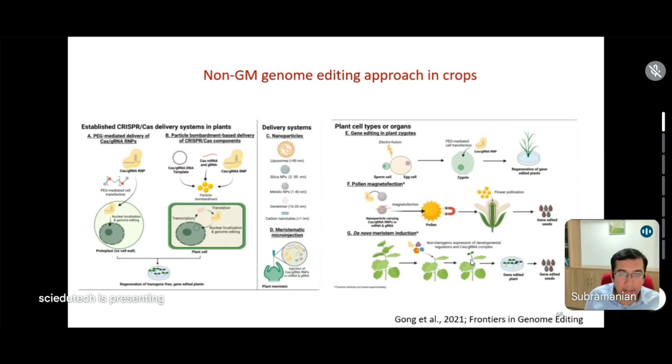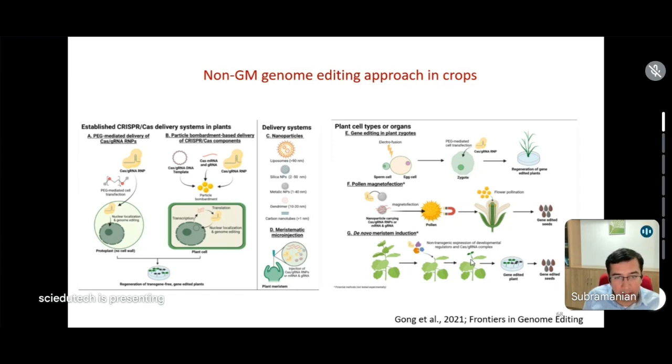For example, you can have zygotes, and you can introduce the CRISPR-Cas system using PEG-mediated transformation of the zygote. And there is something called pollen magnetofection, where you transform the pollen with your gene of interest or your CRISPR-Cas construct. And then the transformed pollen is used for pollination to get seeds.